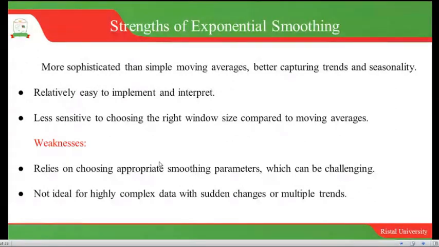Sometimes these parameters are challenging. If the facility, for example, did not keep their data very well, it means we are not going to get enough information as we would want. And it's not ideal for highly complex data with sudden changes. So we intend to use data that is very easy to get.